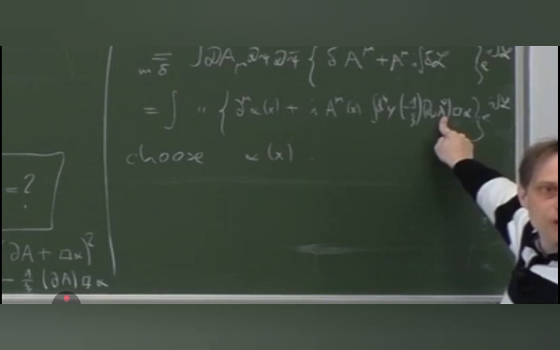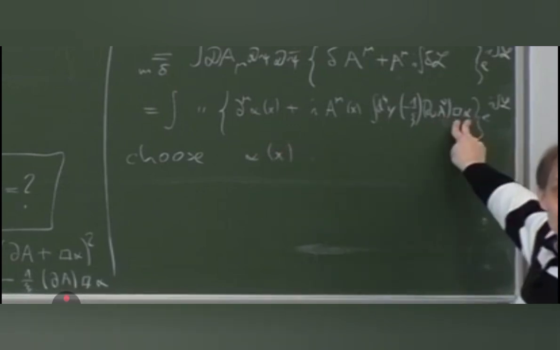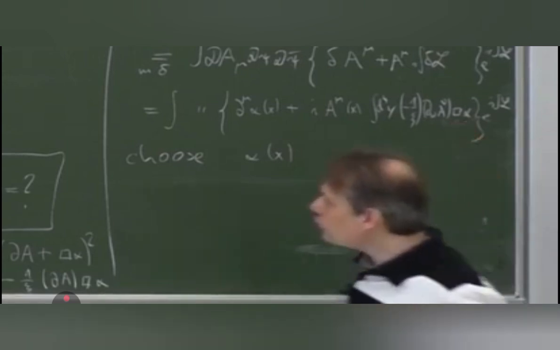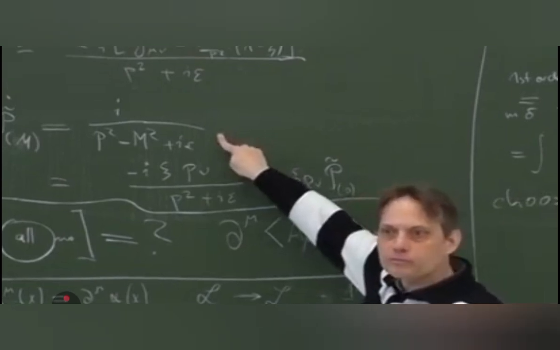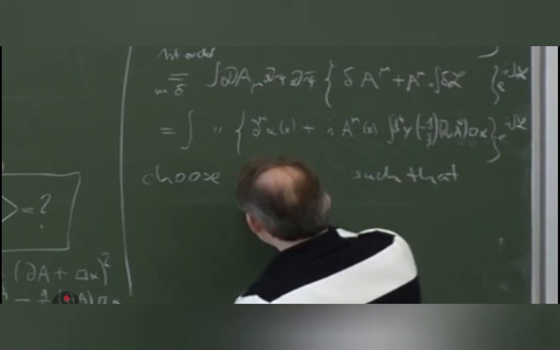How can we do it? By choosing alpha such that it is the Green function of the D'Alembert operator. But what is the Green function of the D'Alembert operator? It is, of course, the scalar field propagator by construction. So we choose alpha of x as the scalar field propagator, such that D'Alembert alpha of y is equal to a delta function of x minus y.